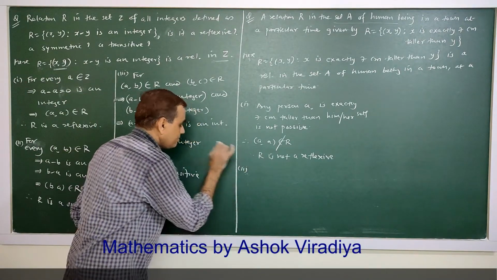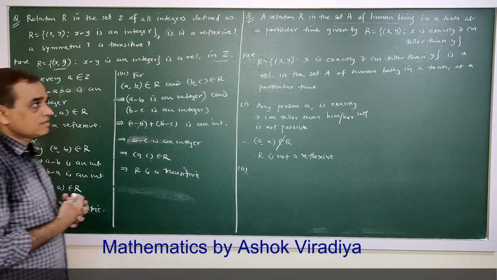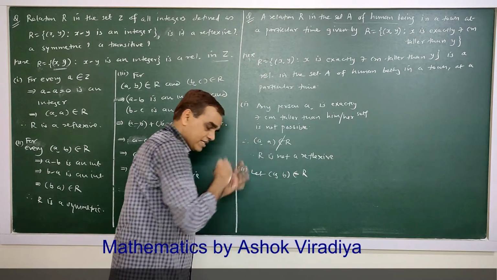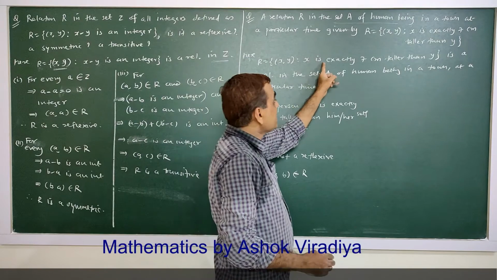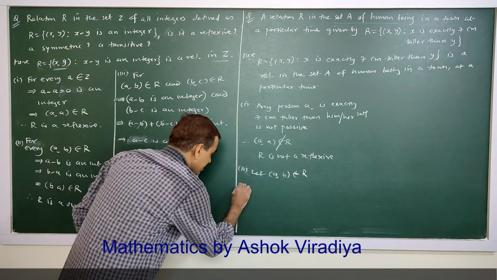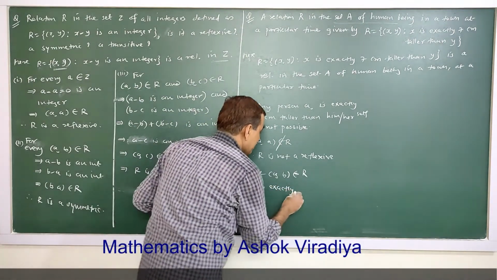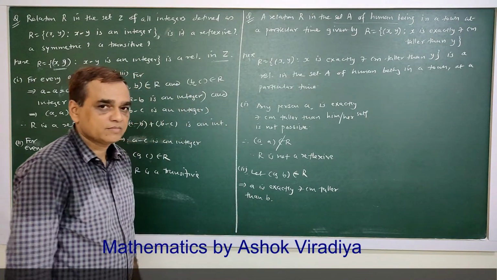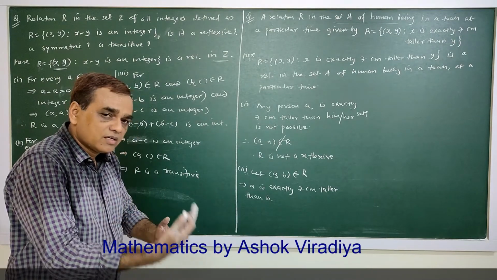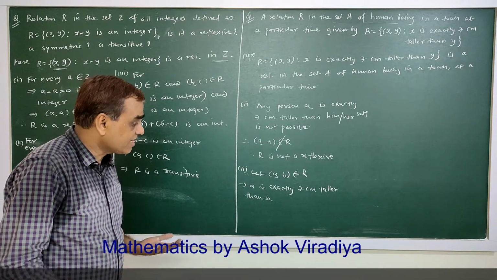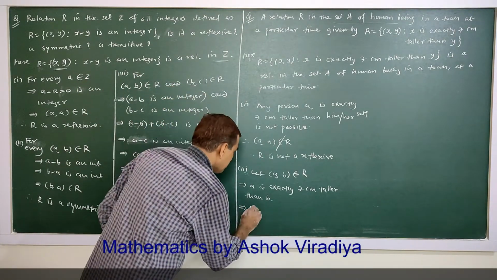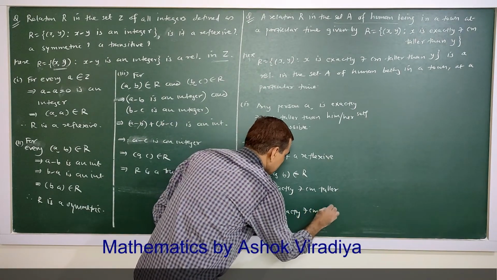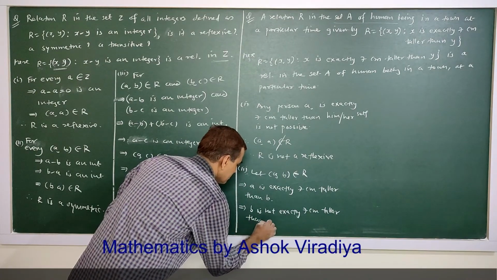Second property, symmetricity. Let AB belong to R. Suppose we take any element from R. If AB belongs to R, that means A is exactly 7 centimeter taller than B. That means B is smaller than A. A is taller than B, B is smaller than A. So B is not taller than A. Who is taller?